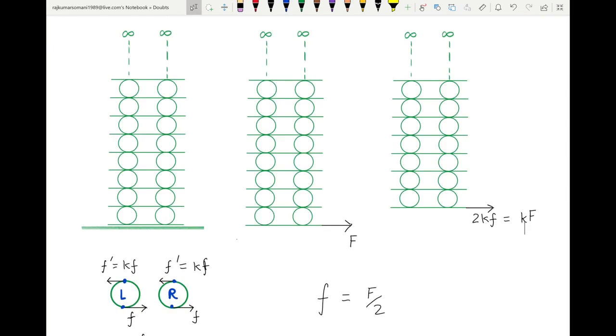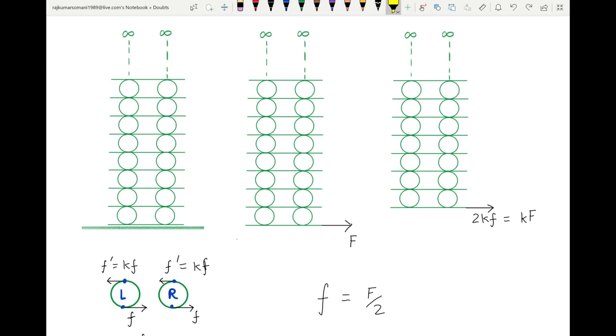Now let us remove the two bottommost cylinders and also the bottommost plank from our imagination, and consider our system as the remaining tower of cylinders. Now we have the second bottommost plank here, and to know the forces acting on it, we use Newton's third law.